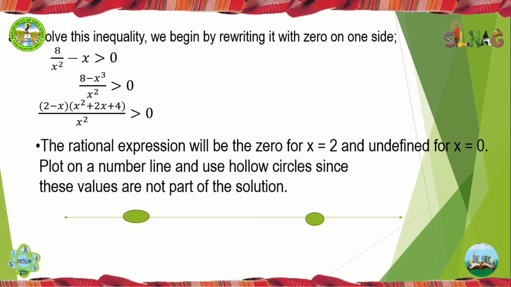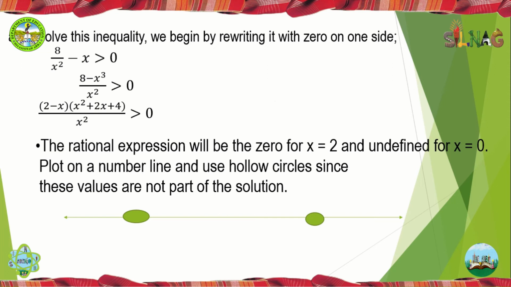So we have 8 over x squared minus x is greater than 0. Then we simplify the left side. The LCD is x squared. x squared divided by x squared is 1 times 8 is 8. x squared divided by 1 is x squared times negative x is negative x cubed, is greater than 0.